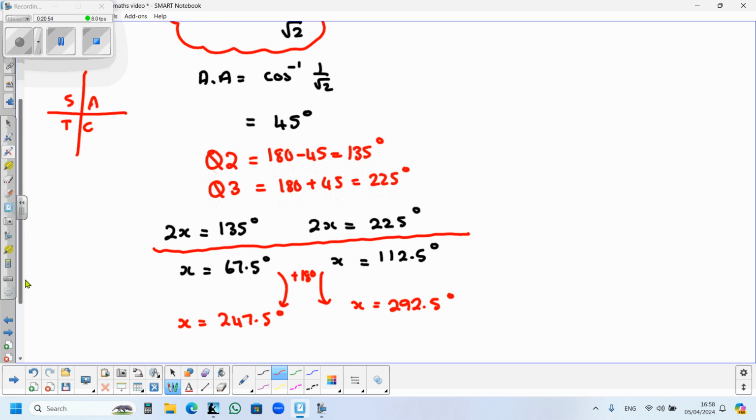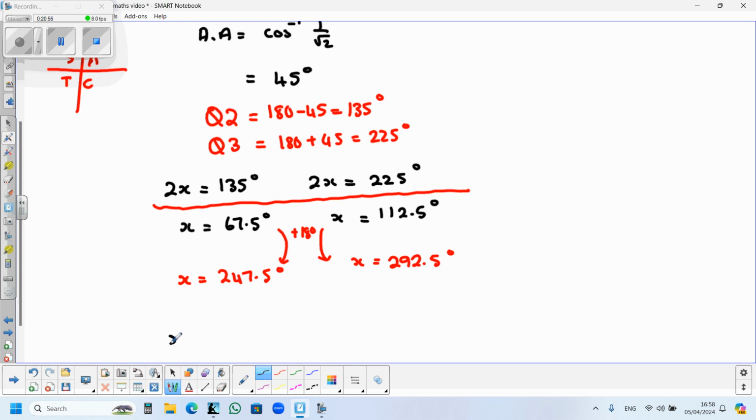And at the end, always list your answers in order, usually smallest to largest, but you'll not be penalised. So 67.5 degrees, 112.5 degrees, 247.5 degrees, and 292.5 degrees.